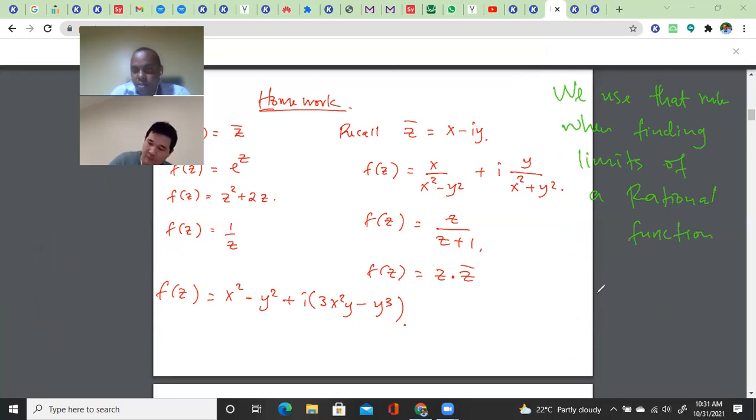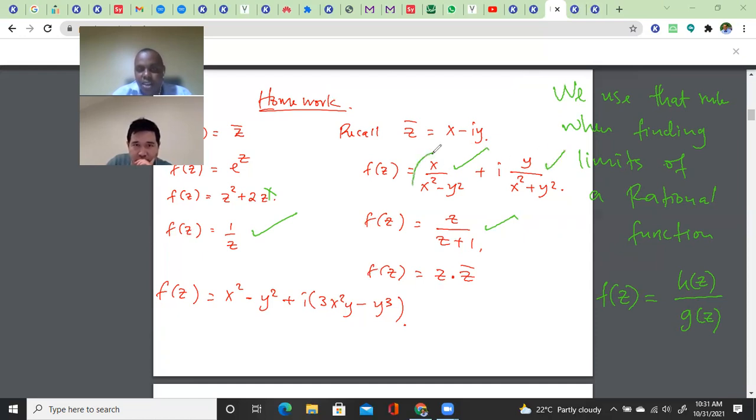A rational function is a function where you have one function on top of another function, on bottom. For example, this one is rational. This one is rational. This one is not rational. The other ones are not rational. This one is rational, right?